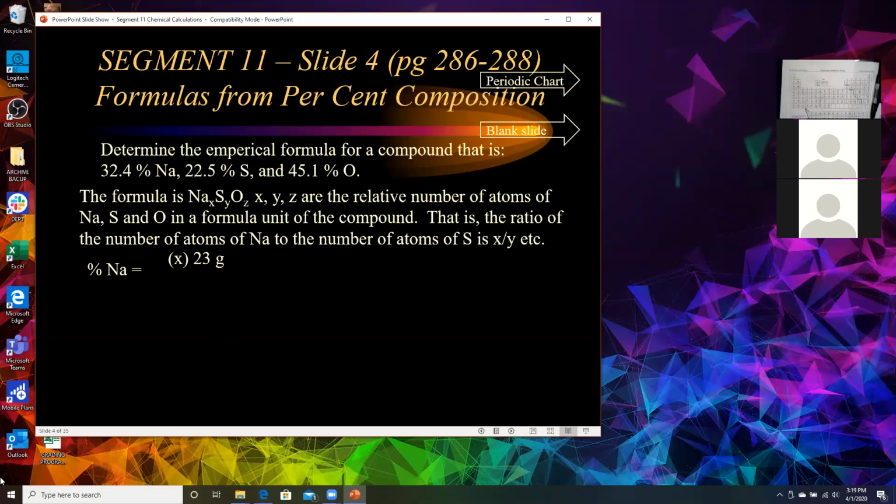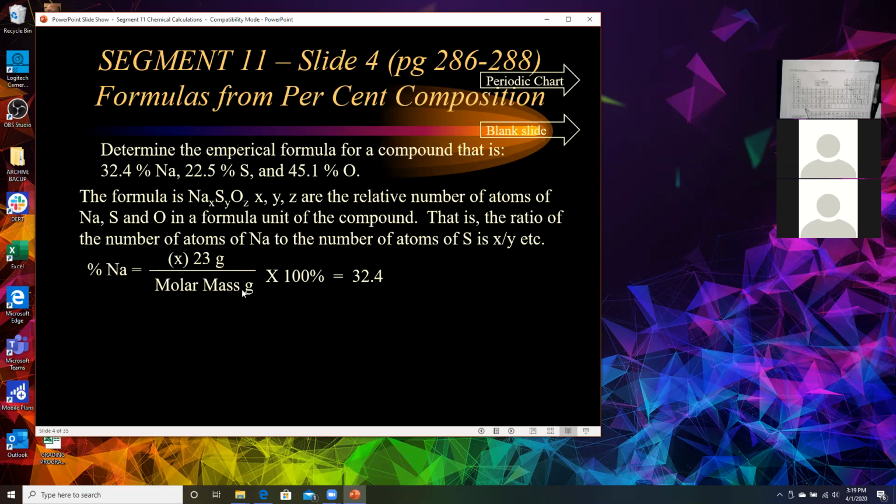That's close enough. And we divide it by the molar mass that we don't know, and we multiply it by 100. When we do that, our result is going to be 32.4%. That's what was given in the problem. So this represents, if I just knew what the molar mass was, I could calculate that.